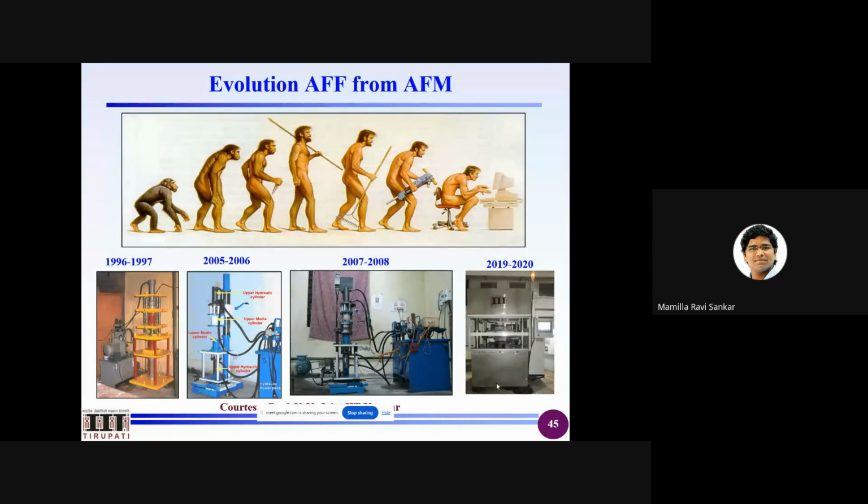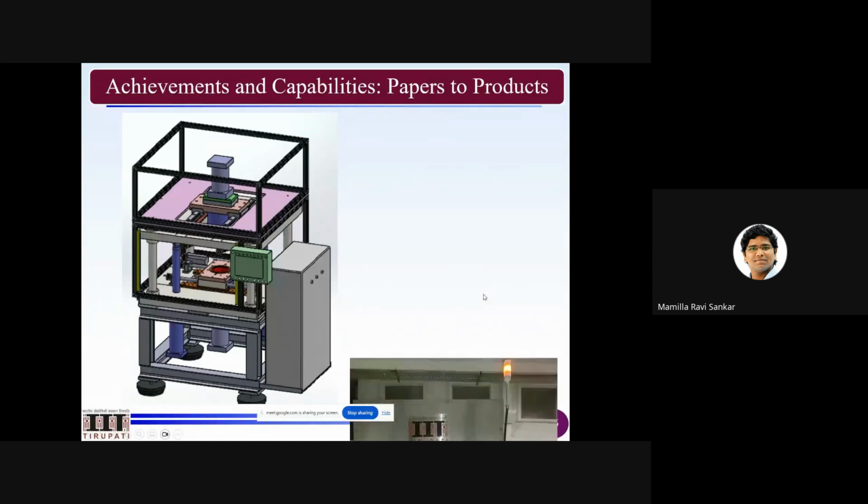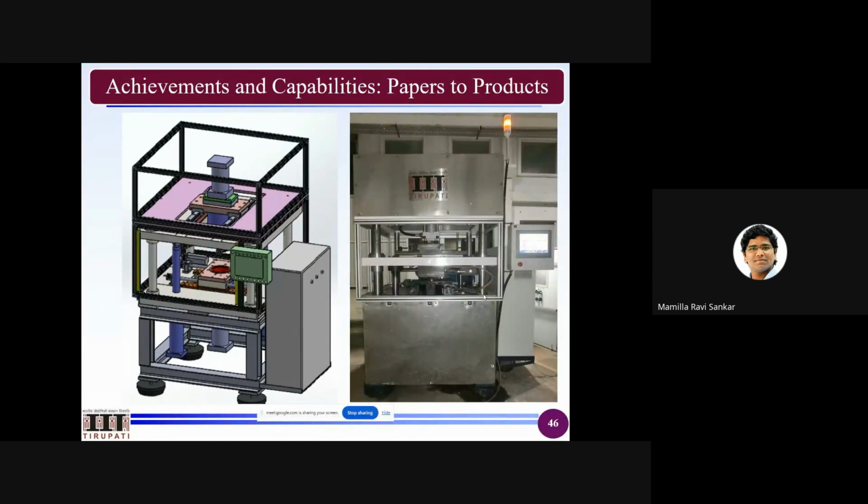As I said, Rome was not built in a day. This particular work started in 1996, then 2005 to 6, and 2007 to 8 amendments. Currently, we are able to do it at IIT Tirupati, the commercial machine that you are seeing. Obviously, when I joined IIT Kanpur as a research scholar, I got this particular project because it was an ARDB project.